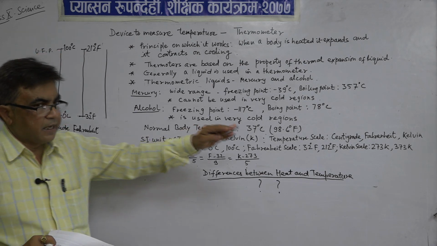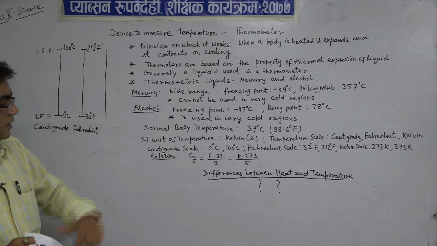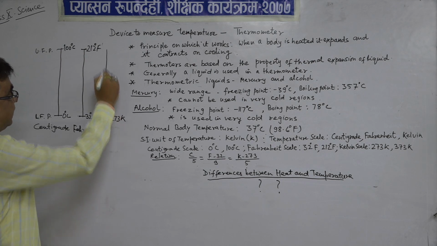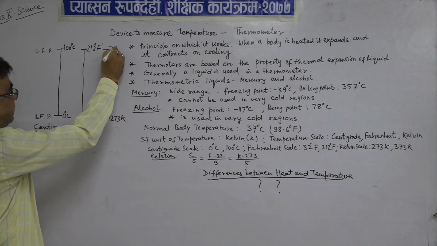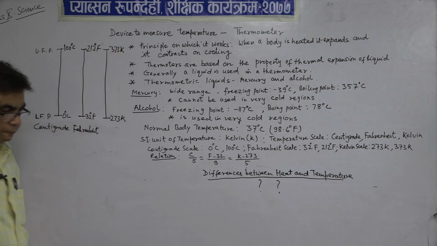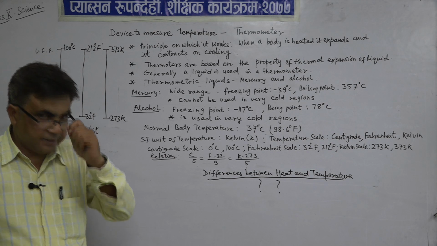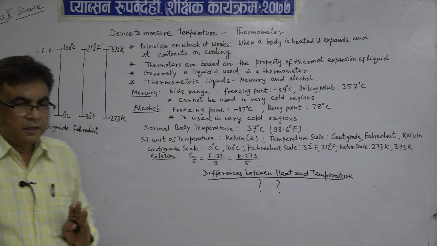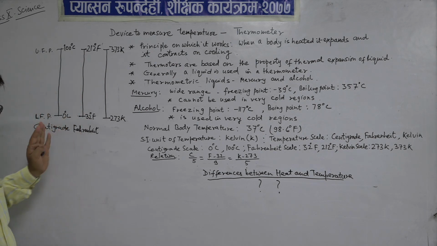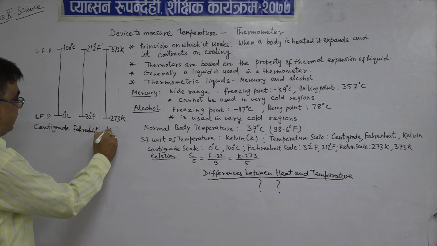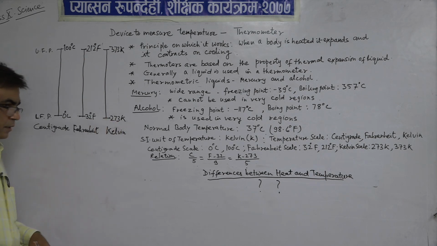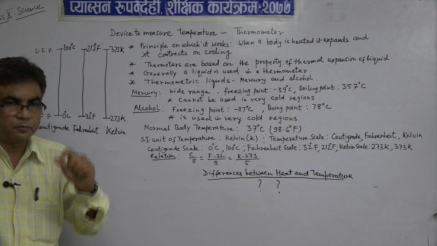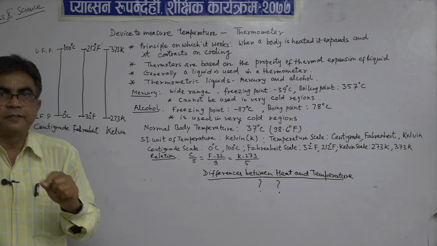Similarly, for the Kelvin scale, the lower fixed point is 273 Kelvin, whereas the upper fixed point is 373 Kelvin. So, the very first thing you have to understand is that for these three scales, centigrade, Fahrenheit and Kelvin, there are 2 fixed points, lower fixed point and upper fixed point. What is the lower fixed point? The lower fixed point is the freezing point of water.